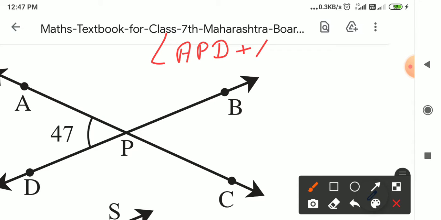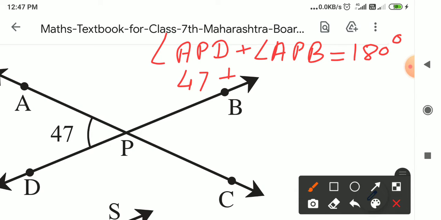Angle APD plus angle APB is equal to 180 degrees. So APD is equal to 47 plus angle APB that we have to find out.